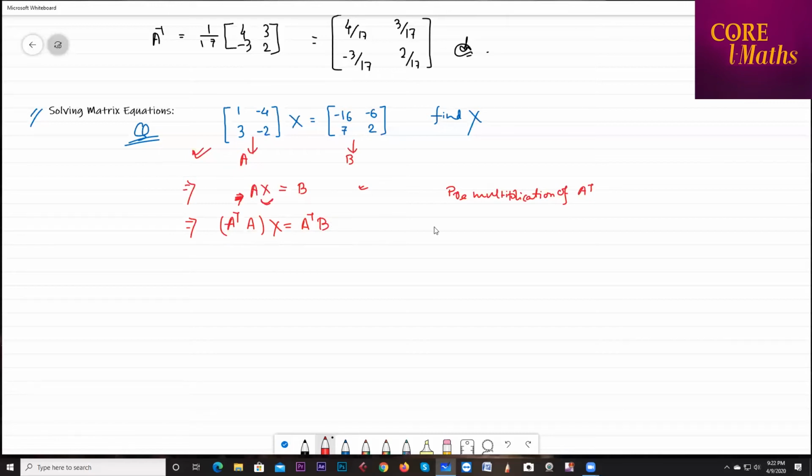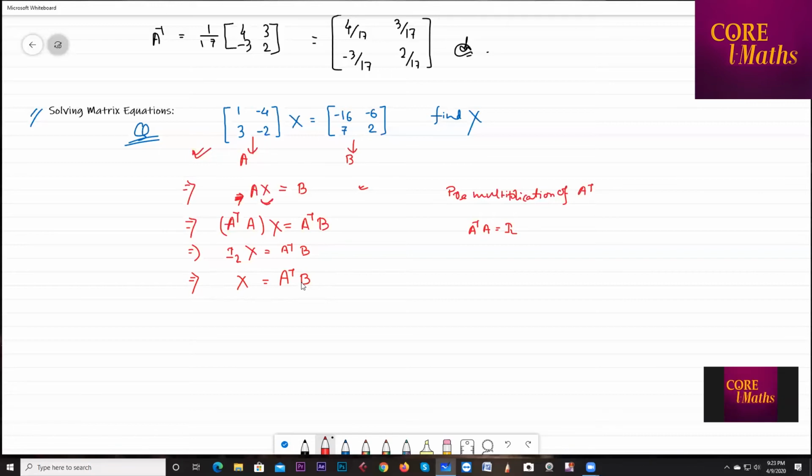As we know, A inverse into A means I, and here the order of A is 2, so you can write it as I2 also. So I2 into X will be A inverse into B. So X will be A inverse into B, right?